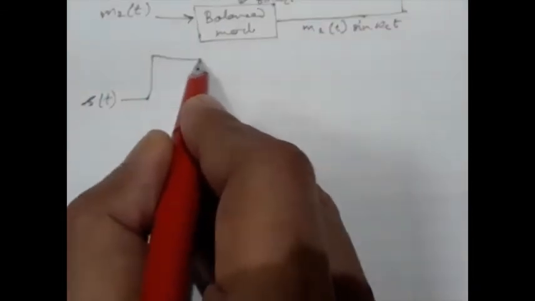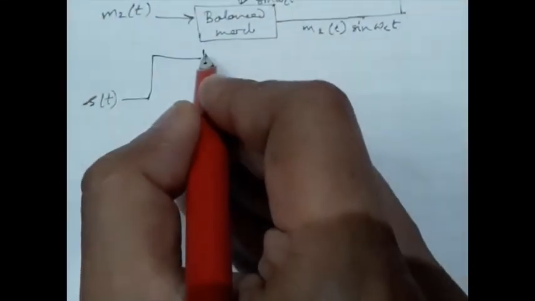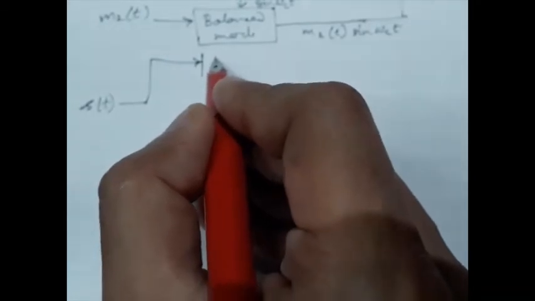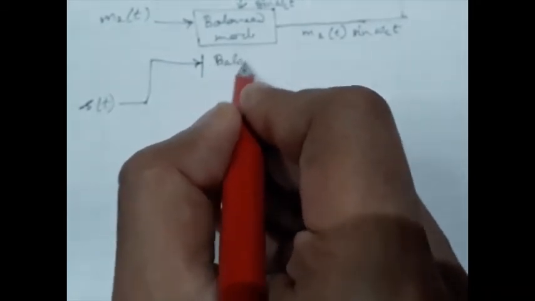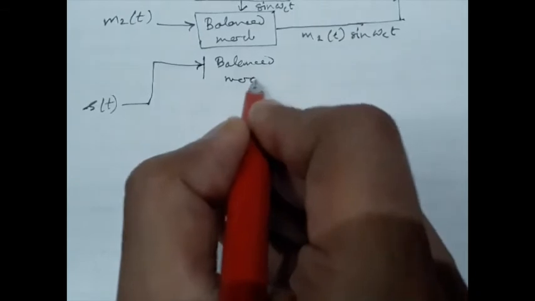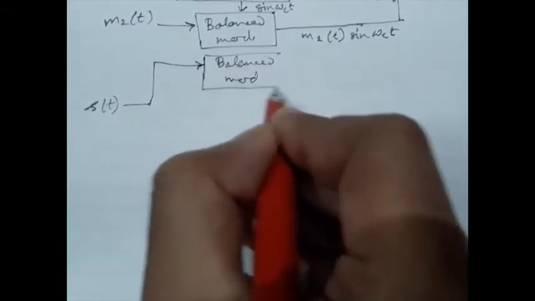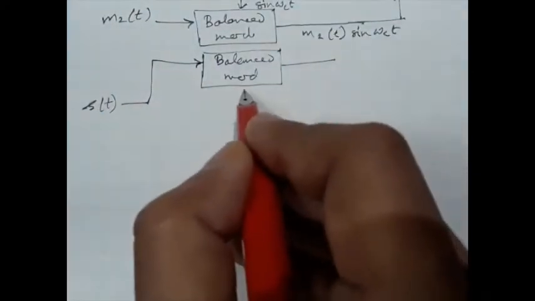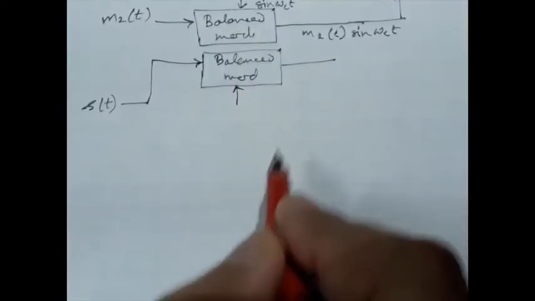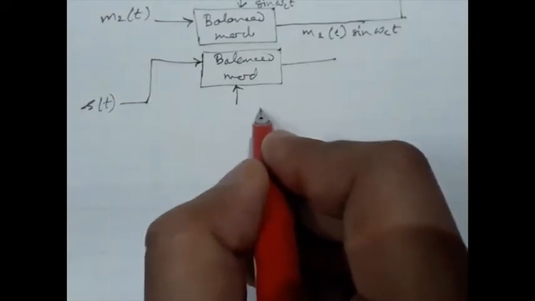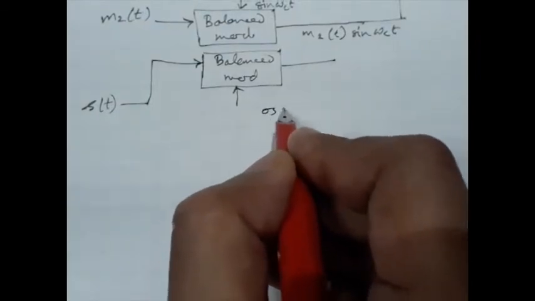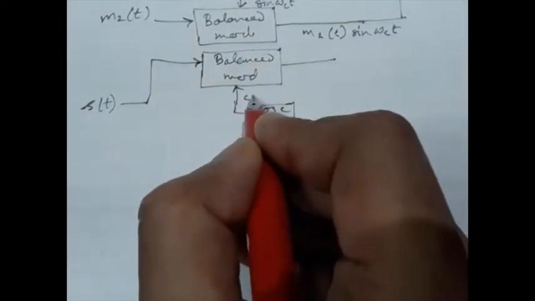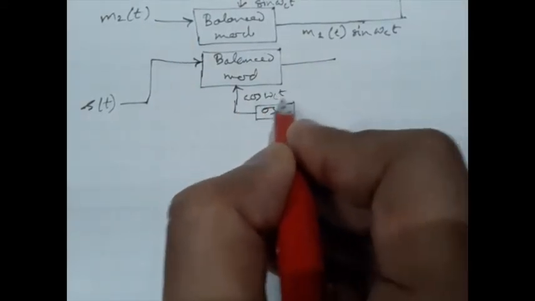So what we do at the demodulator side, we use a balanced modulator or product modulator that will multiply two signals. One oscillator will be there, a synchronous oscillator, that will produce cos omega ct.